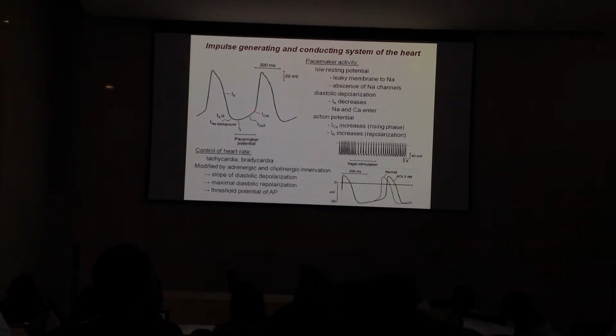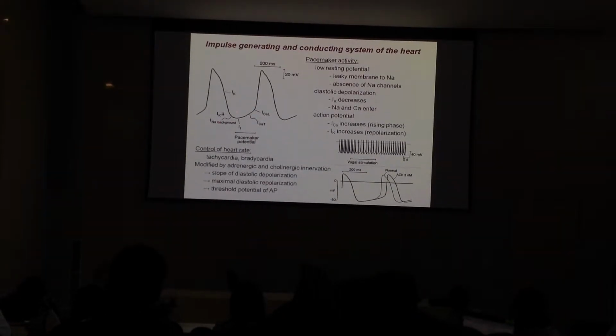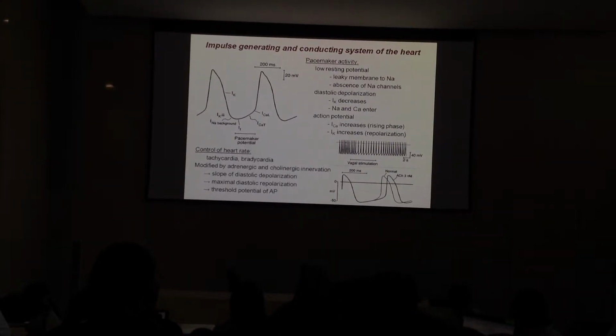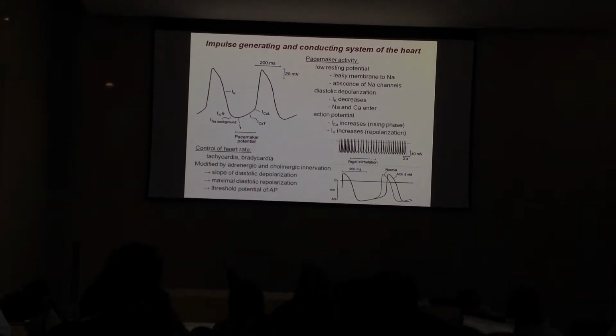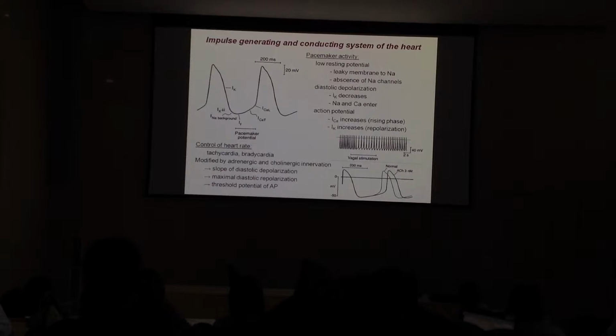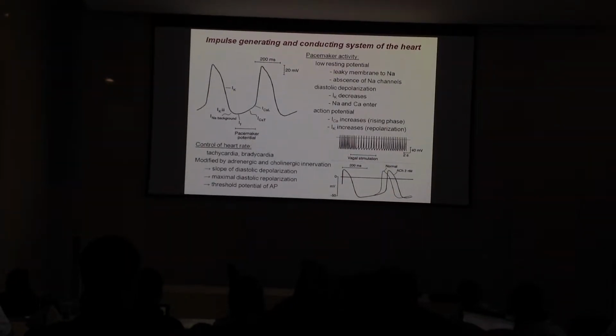If it is more negative, you reach it earlier; if more positive, it takes longer time to reach it. So the slope of the depolarization, the starting point, or the opening of the calcium channel can change, the voltage dependence can change. Therefore, this modification will result in the change in the heart rate.